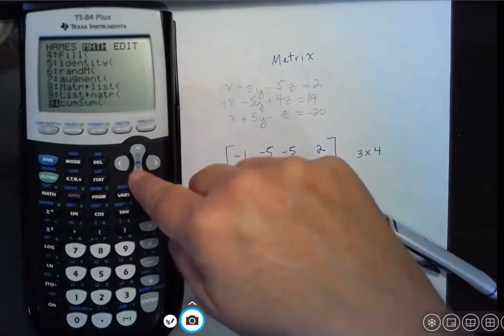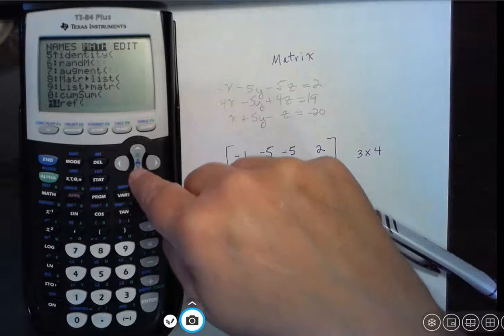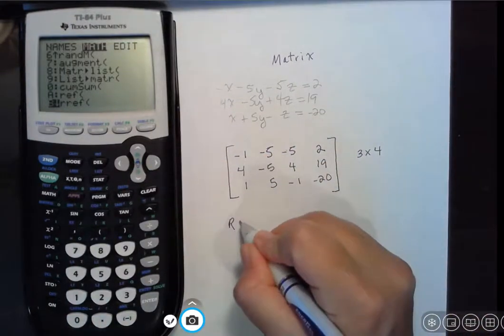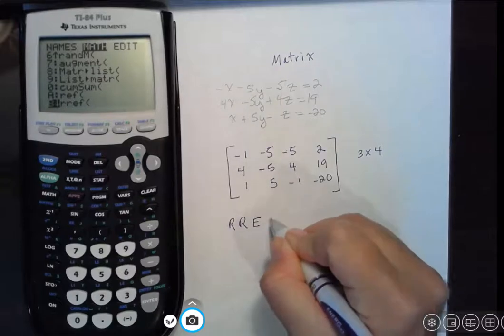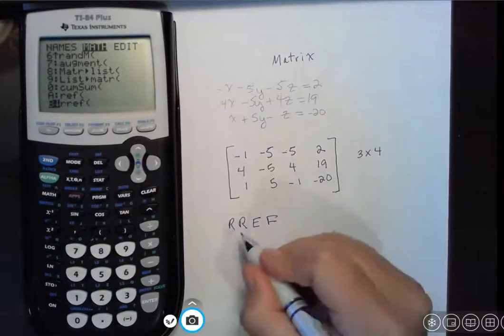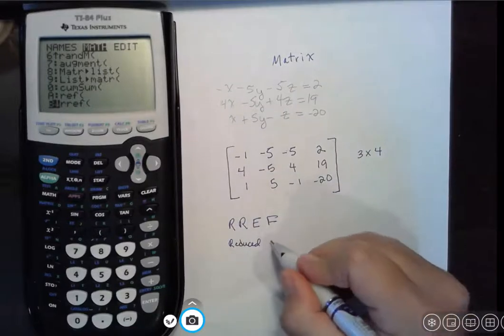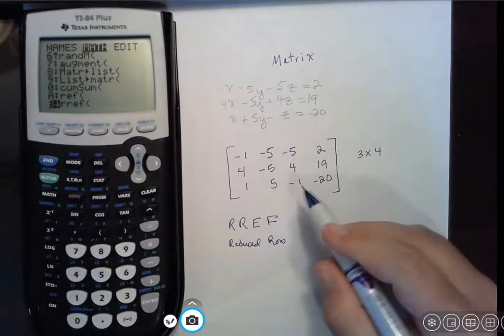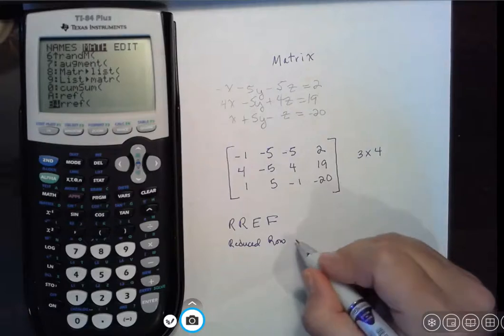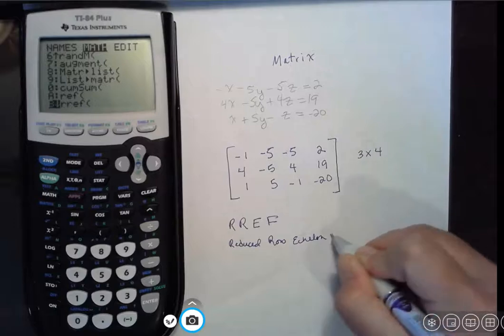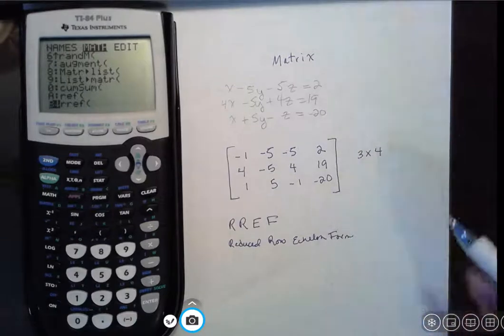But what we're looking for is RREF, okay? And I'm going to show you RREF. And what that stands for, and you don't need to know this, but this is the button you need to use to solve for this 3 linear system matrix. So reduced row echelon form. Okay, that's what it stands for.